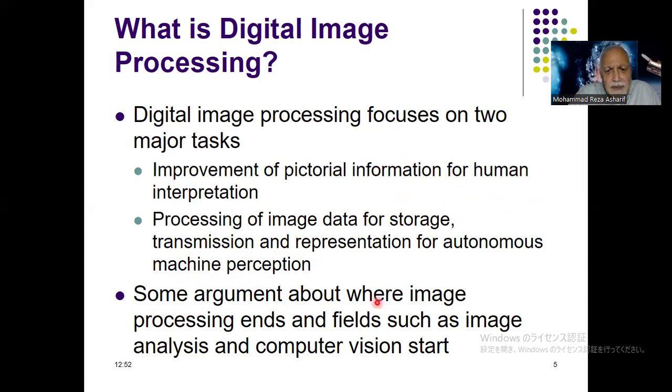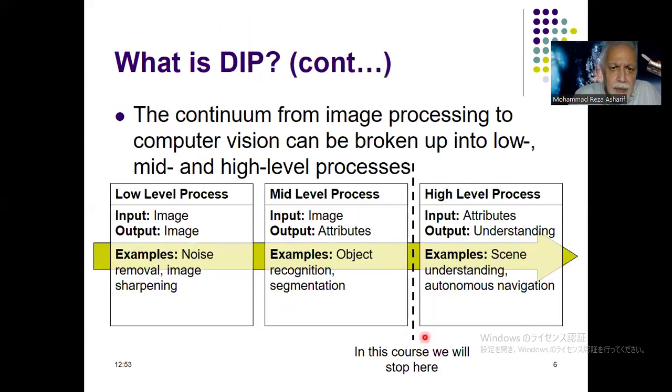There is some argument about where image processing ends and fields such as image analysis and computer vision start. It depends on what you think about it. The continuum from image processing to computer vision can be broken into three levels: low level, mid level, and high level.